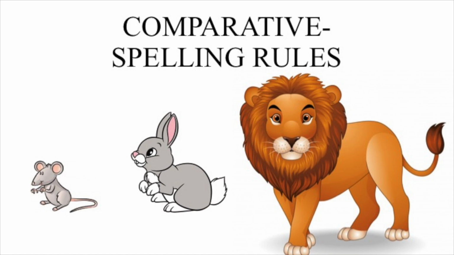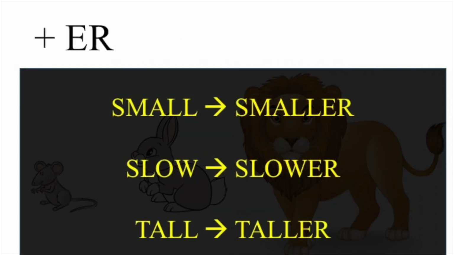Now, comparative spelling rules. Plus ER. These are the simplest ones. Sometimes all we need to do is add ER to the adjective word, like small, smaller. Slow, slower. Tall, taller.